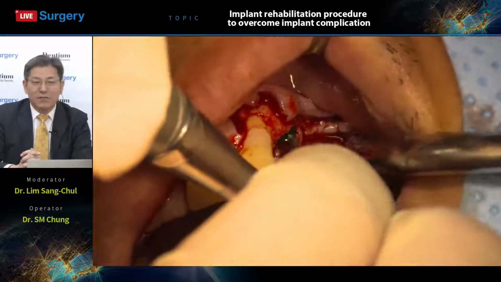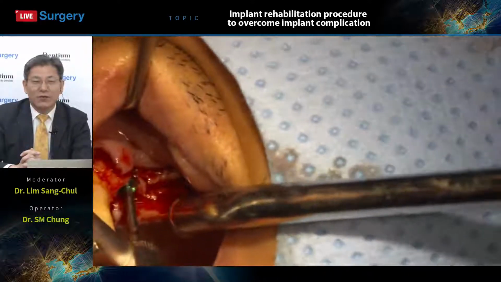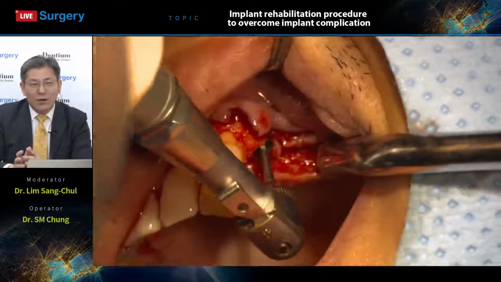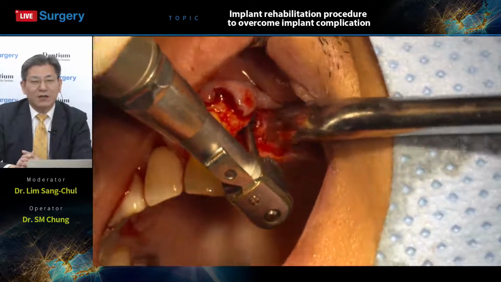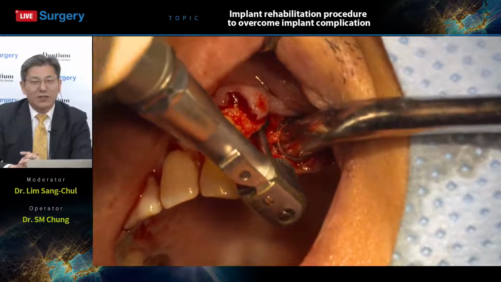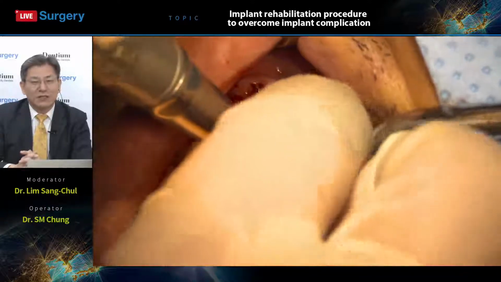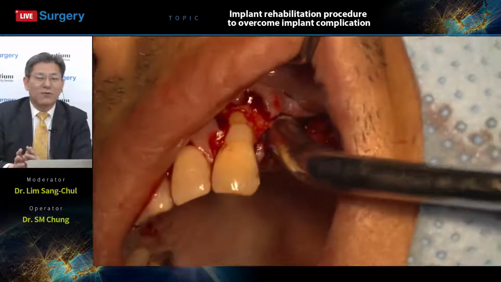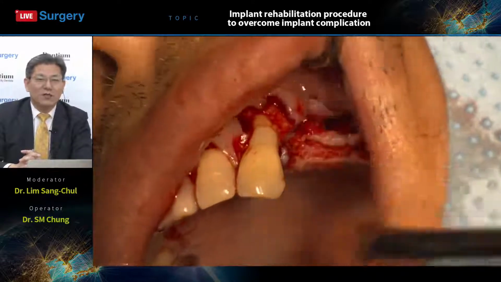I want to say something about the healing abutment. When you have a little bit lower initial stability, when you have a softer bone implant installation, sometimes healing abutment connection, even though it is not enough higher insertion torque, is better.